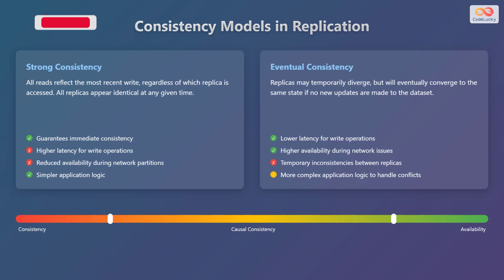Strong consistency guarantees immediate consistency, but has higher latency and reduced availability. Eventual consistency offers lower latency and higher availability, but there might be temporary inconsistencies. The choice between these models involves trade-offs depending on application needs.